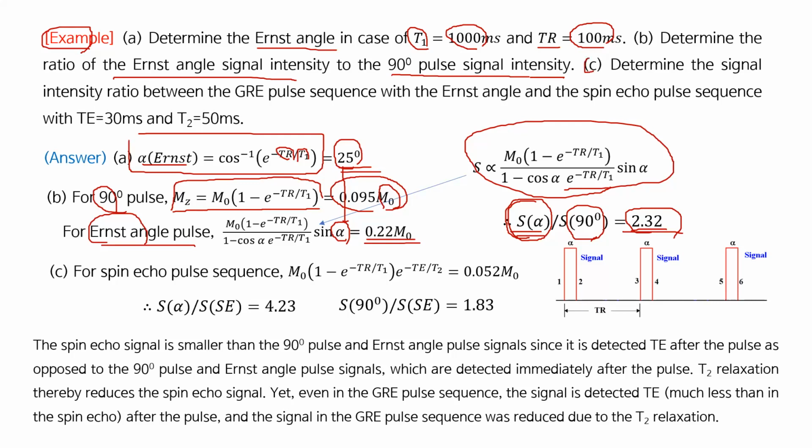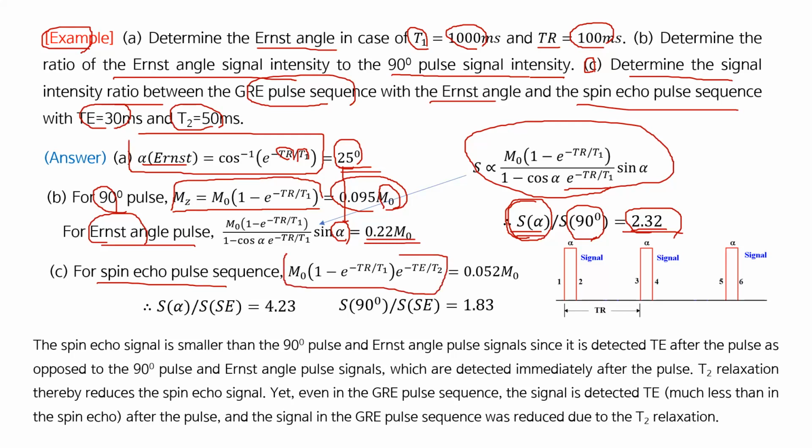Next question. Determine the signal intensity ratio between the GRE pulse sequence with the largest angle and the spin echo pulse sequence with TE equals 30 milliseconds and T2 equals 50 milliseconds. For the spin echo pulse sequence, the signal intensity is given by this expression. We know T1 and T2, and TR and TE are given, so we can get 0.052 m0 for the spin echo pulse sequence.